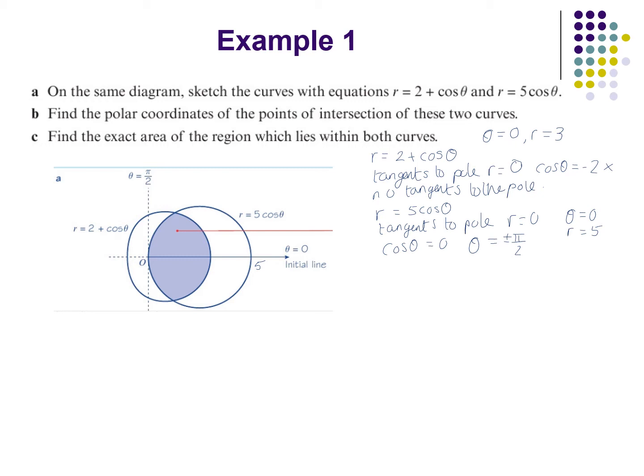Okay, we know that when theta is 0, r is 3. So what's useful with that is that you can place that just inside the other one there. Okay, so there would be marks for this in the exam, so do please make sure that your sketches are reasonable sketches. Okay, now the question is leading us through this nicely. It says find the polar coordinates of the points of intersection.